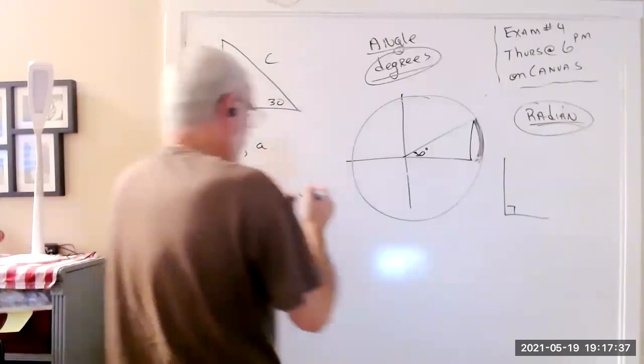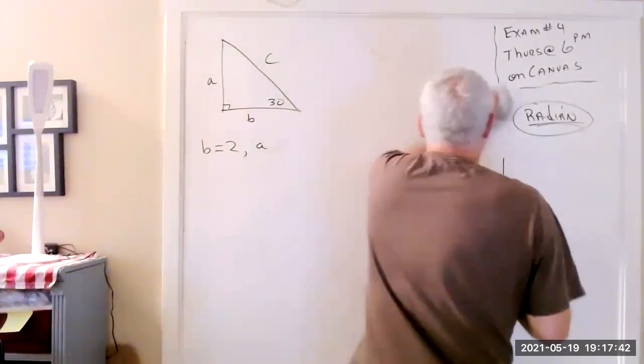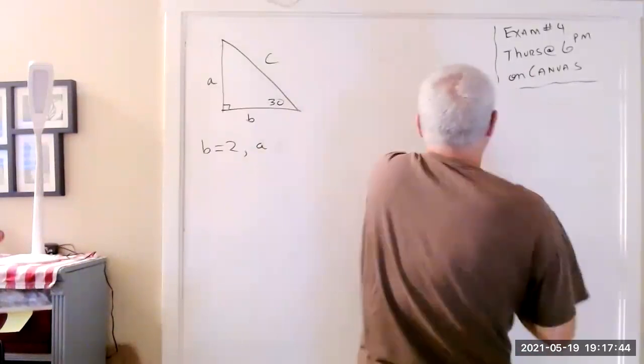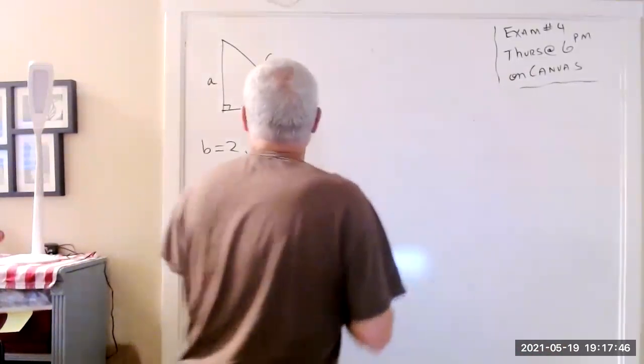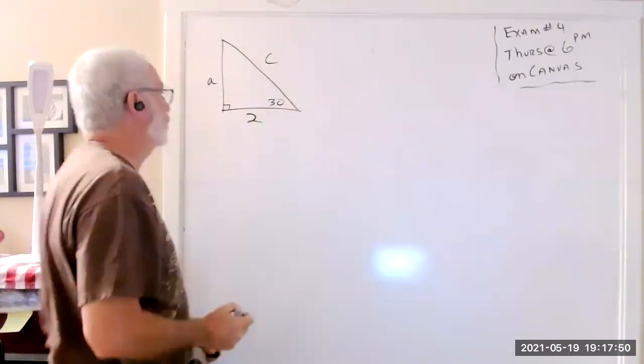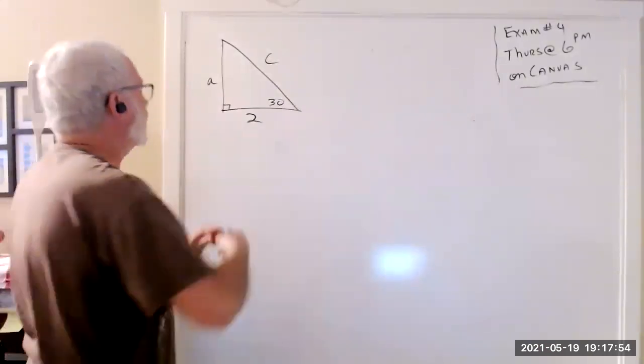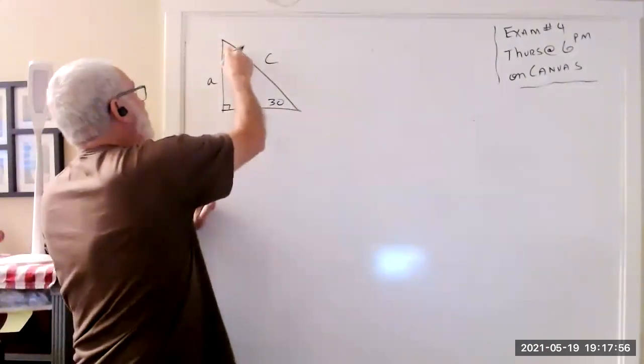Okay, all right. Good question. Definitely a question similar to this on tomorrow's exam. Definitely. So we'll put B as 2. You're thinking if this is 30, then this has to be 60.